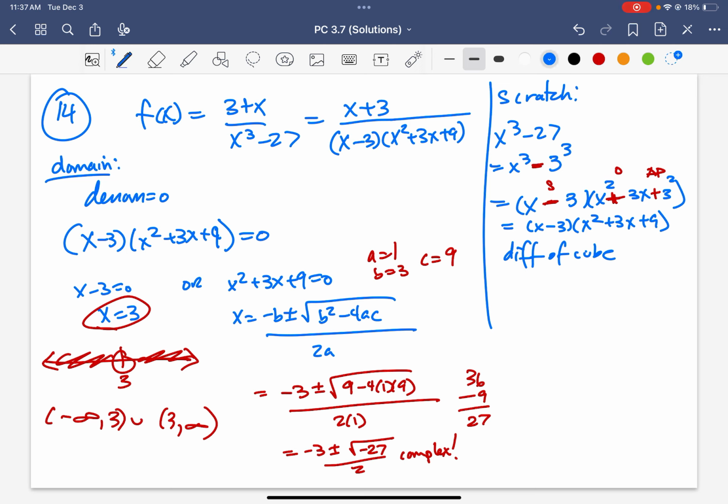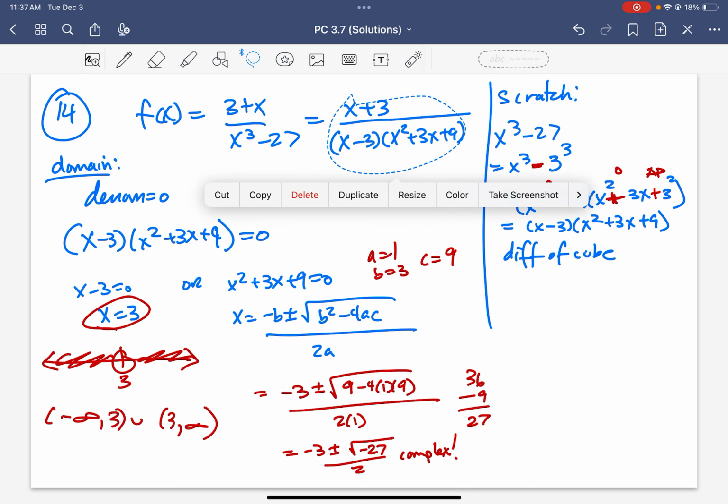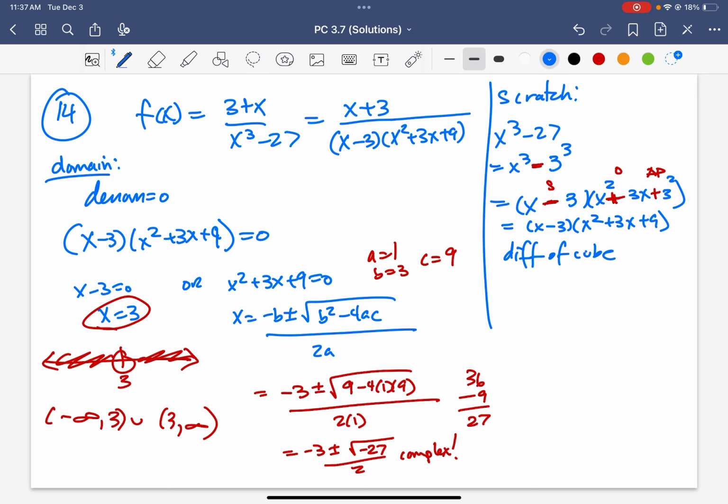Then what are the vertical asymptotes and the horizontal asymptotes of this function? Again, vertical asymptotes are where the denominator is 0. So this is going to be our vertical asymptote because it's where the denominator equals 0, right?